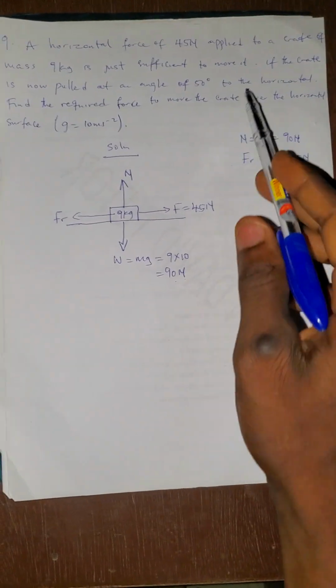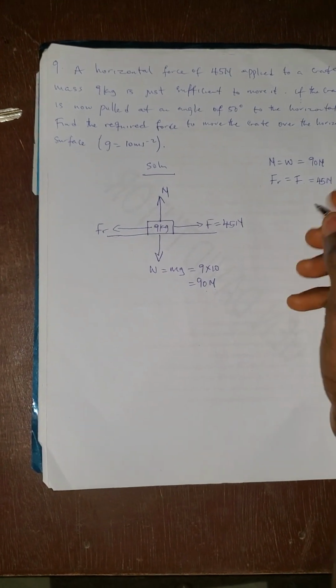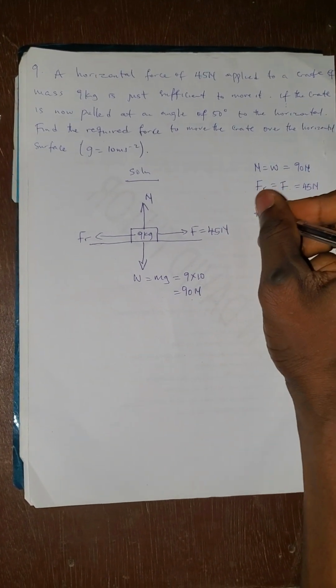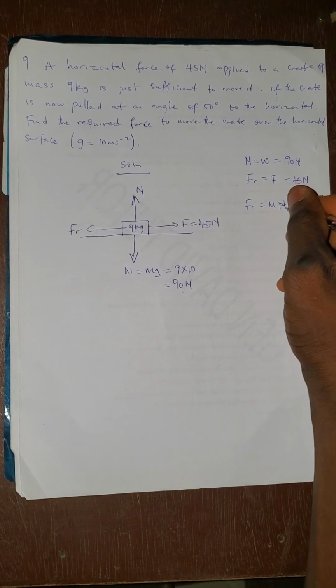Now we are asked to find the what? We have not gotten to the second statement; we are still at the first statement. In the first statement, the frictional force is the coefficient of friction multiplied by the normal reaction.